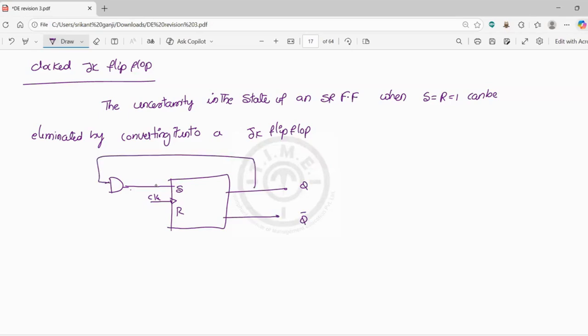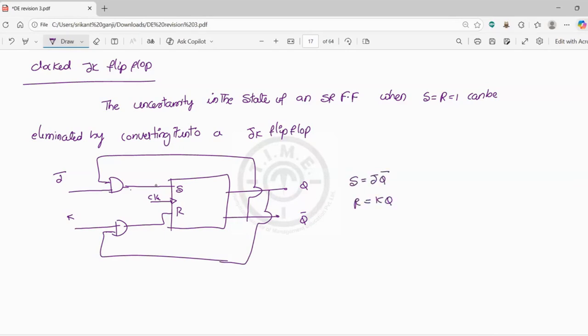One input is going to be Q bar here, and another input is J. Here also I am using an AND gate given to R, and this one is K. The Q output is given to the right, where S is equal to J Q bar and R is equal to K Q. This is a modified diagram of the SR flip flop as a JK flip flop.